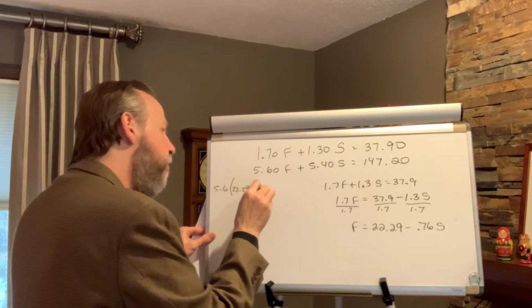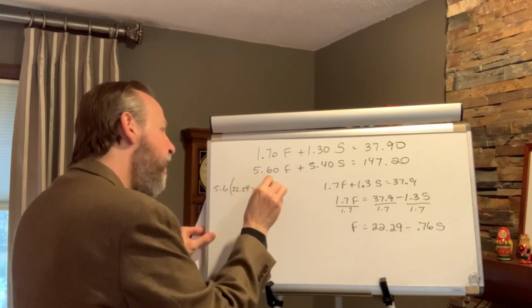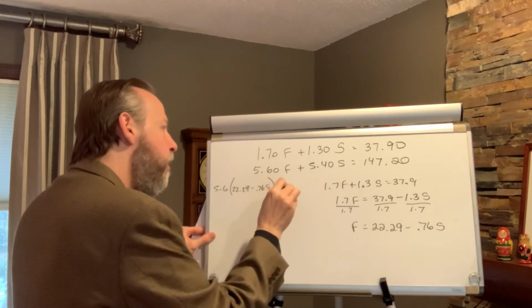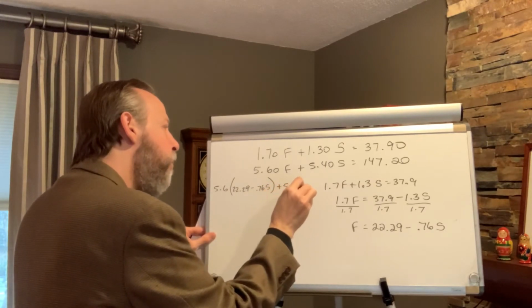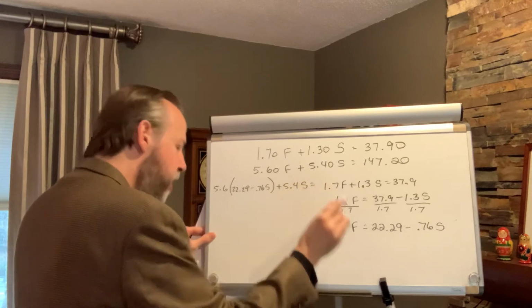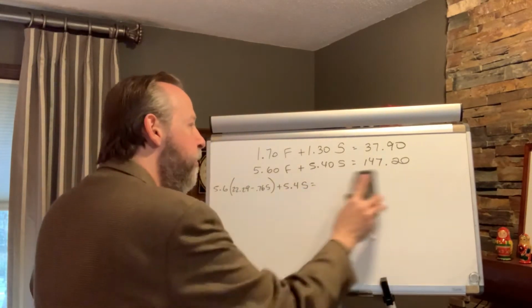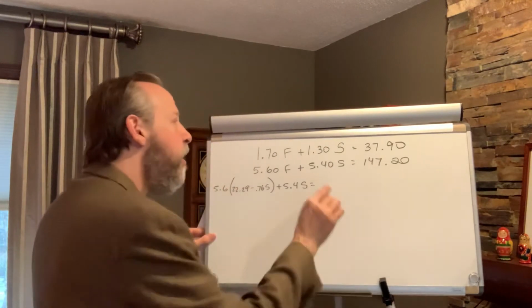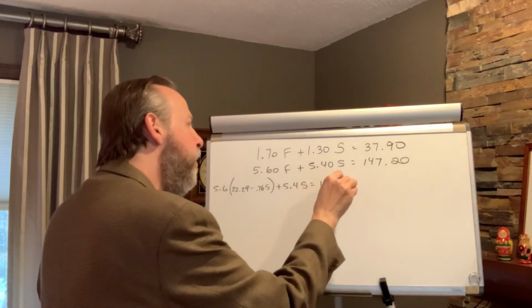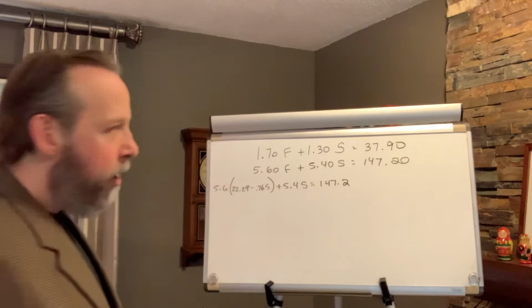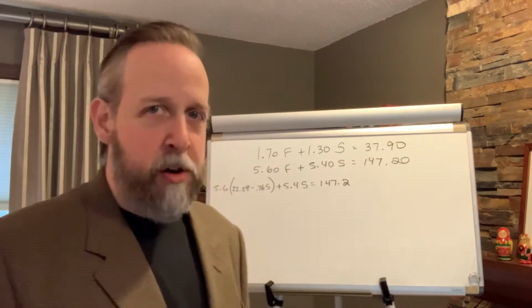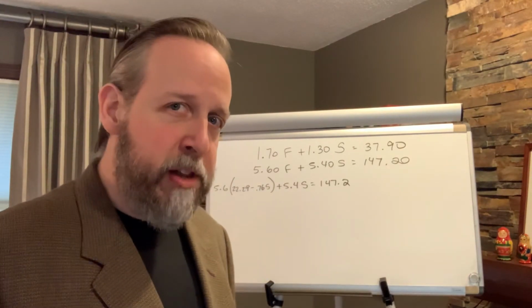22.29 minus 0.76S plus 5.4S equals, me erasing this and using my space more appropriately, 147.2. Okay, again, we started off by isolating F, then we plugged it into the other equation.